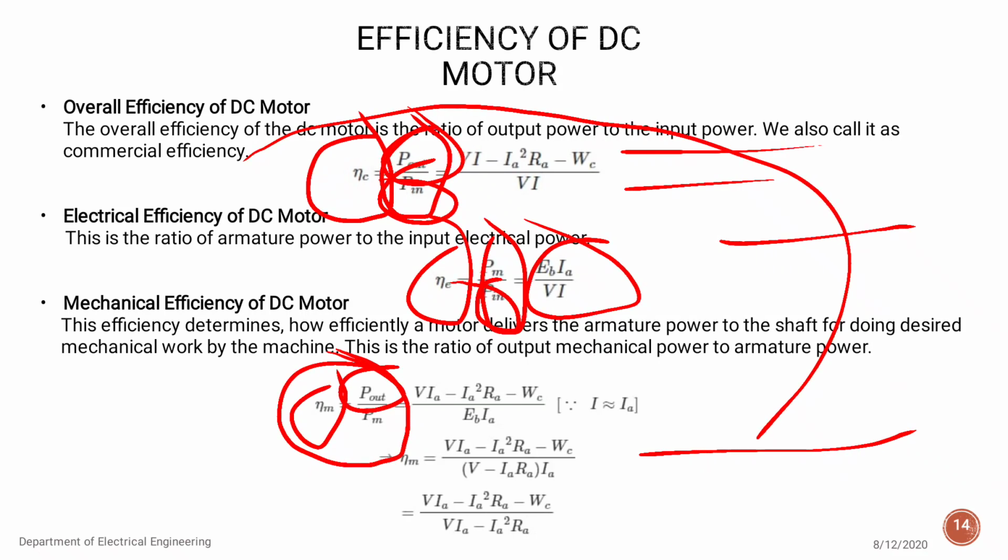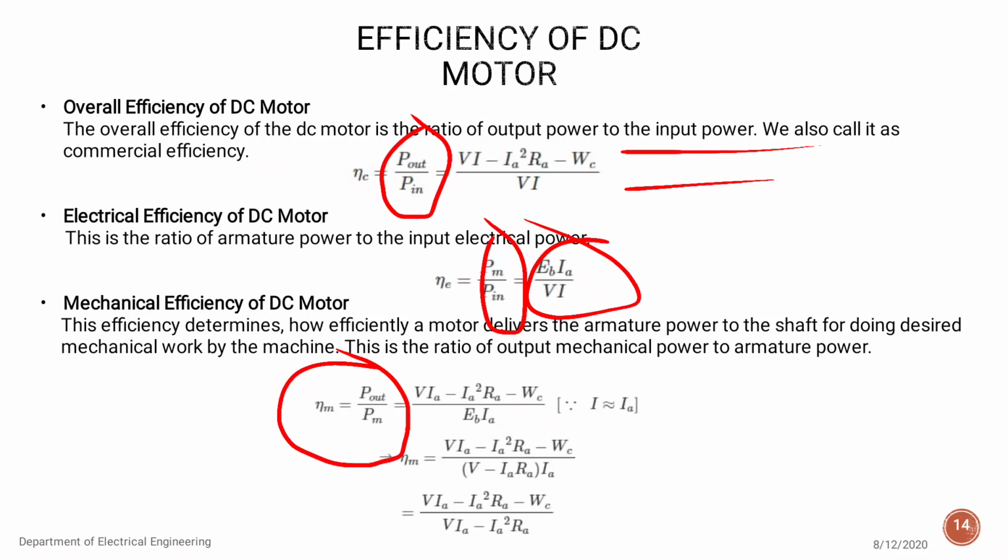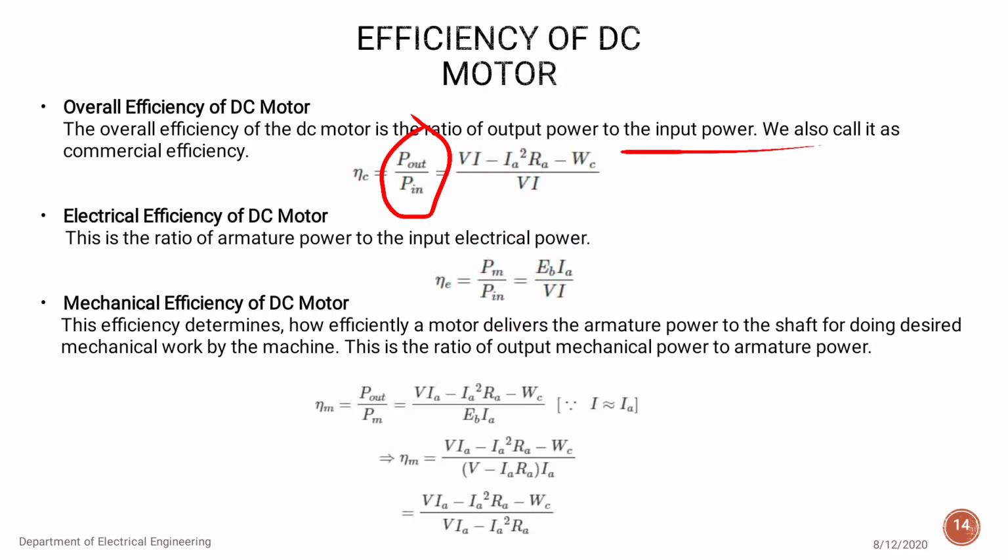Now we'll go for the mechanical efficiency of a DC motor. See, we have a value for P out. What is the value of P out? Already we know P out is equal to VI minus IA square RA minus WC, and P mechanical is equal to EB into IA.